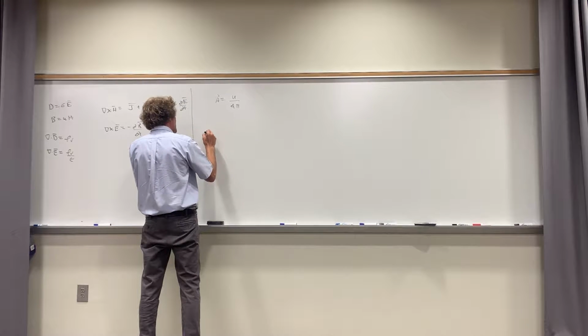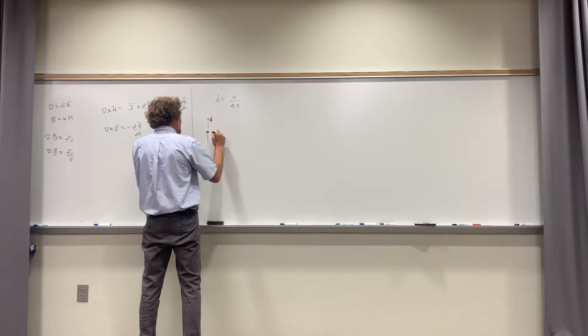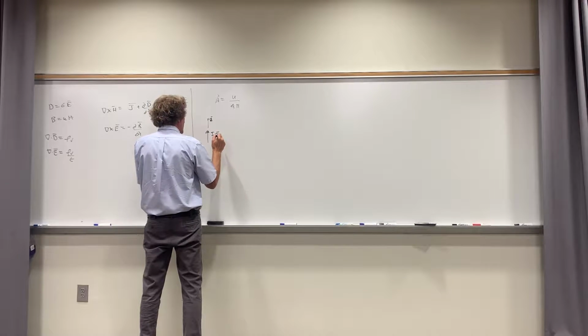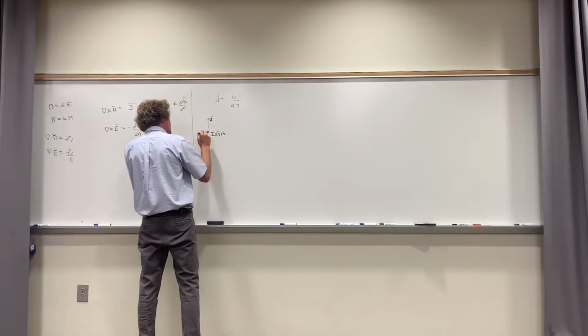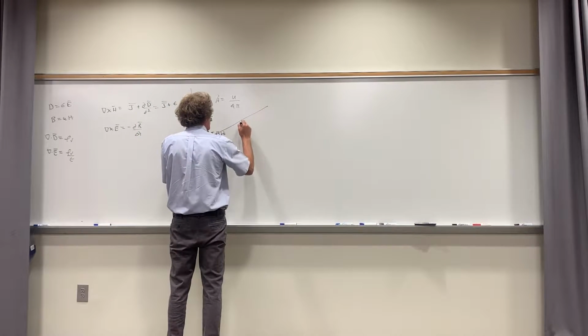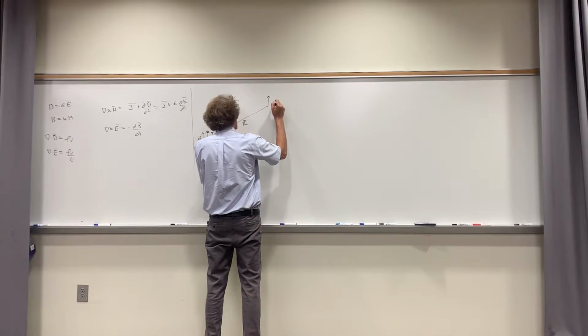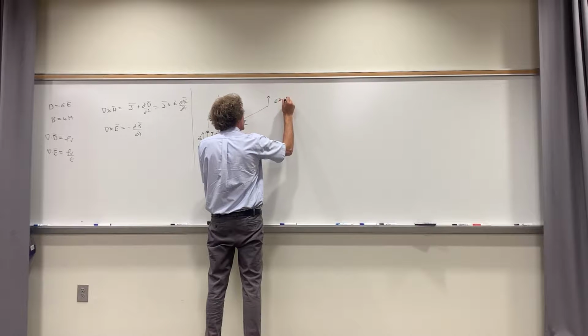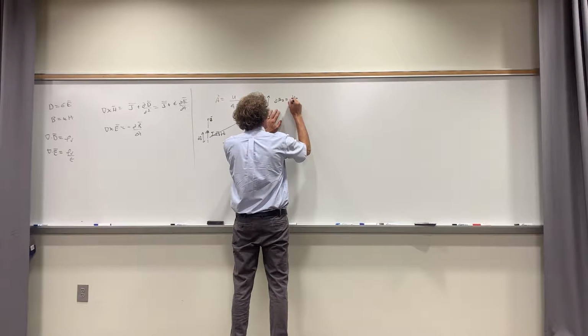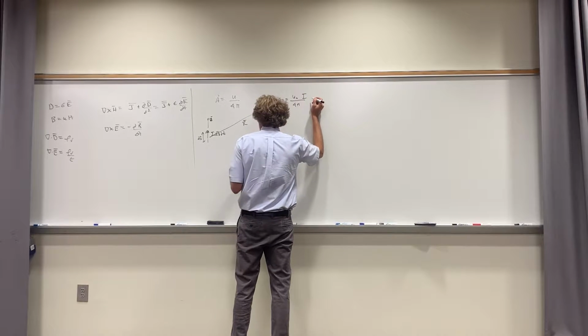If we have I here, in the a_z direction, it's I a_z times dz, and dz would be the thickness. Then if I come out a distance R from here, the differential value of A_z here would be equal to mu 0 over 4 pi, times I.